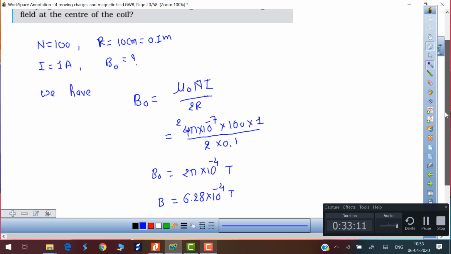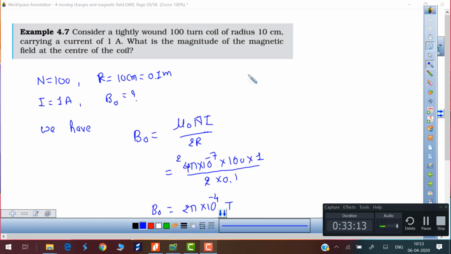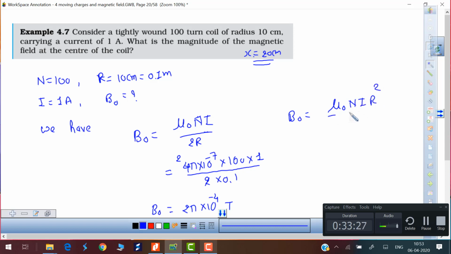Here, if the question is asked for the magnetic field on the axis, suppose it is written at x equal to 20 centimeter, then which formula do I have to use? B is equal to mu 0 N i r square upon 2 times (r square plus x square) raised to 3 by 2.